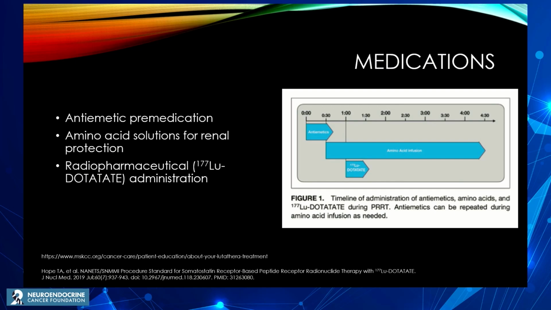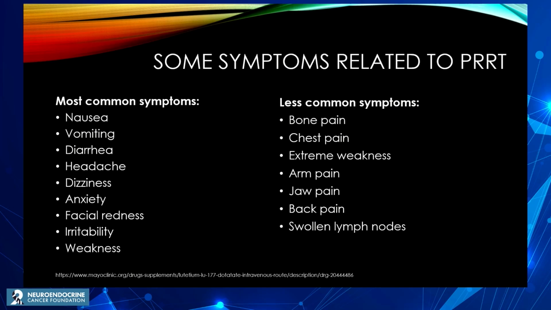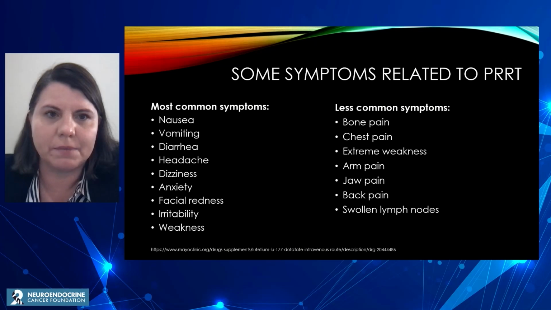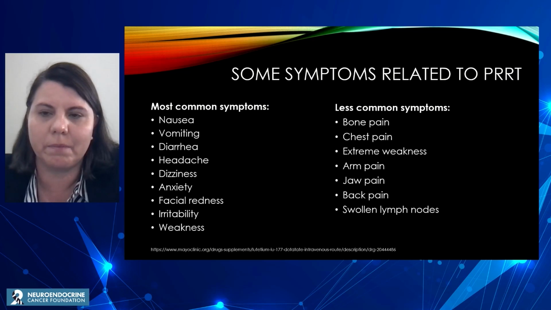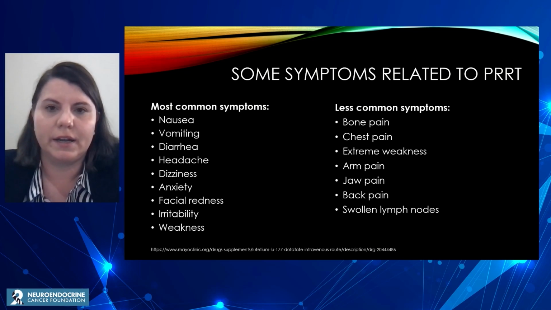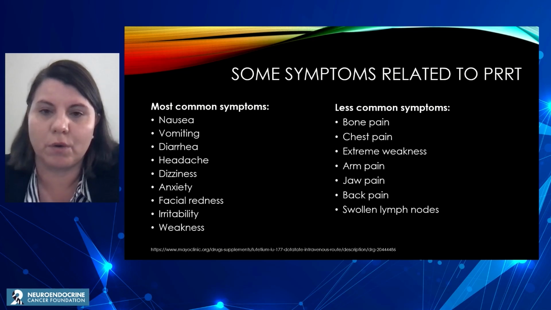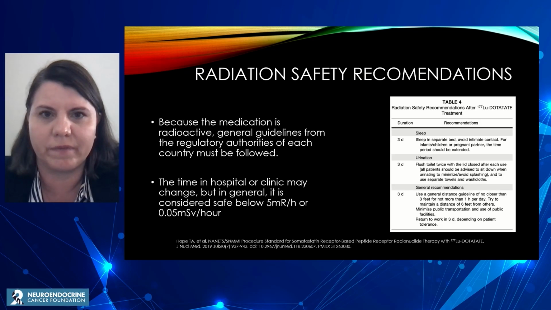It's very important to note that after finishing the PRRT infusion, we continue with the amino acids for renal protection. There are some symptoms related to PRRT that you must be aware of. If the patient or the family notice these symptoms, they have to communicate it to the physicians or nurses.